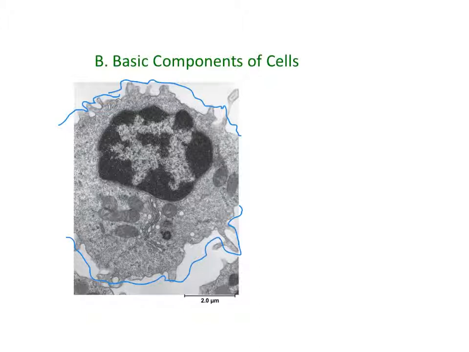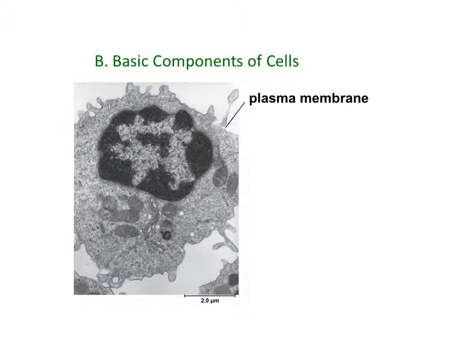Starting with the outside, we have the plasma membrane, which is the outer membrane of the cell, basically forming the border.